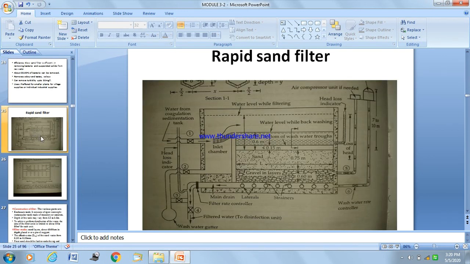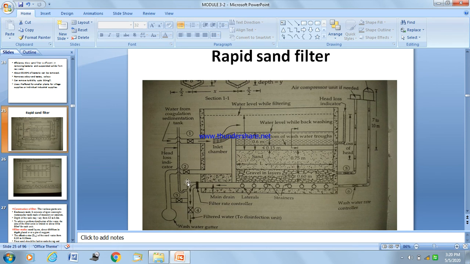If you want the filtered water, you close valves 2, 3, 5 and 6, so 1 and 4 will be open. Valve 1 is open, so water enters the sand, then gravel, then lateral, then central drain. Then the cleaned water moves to the fourth valve.